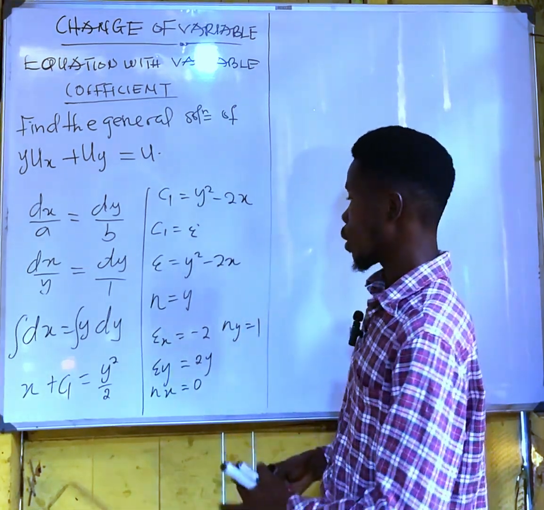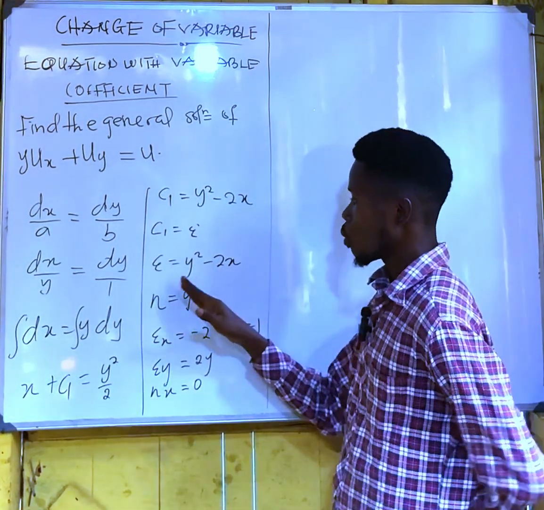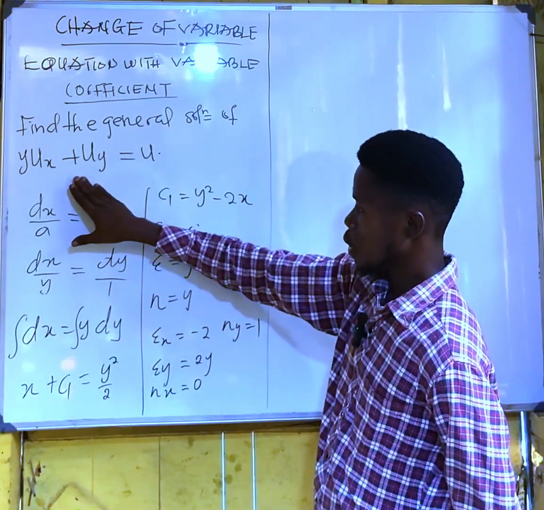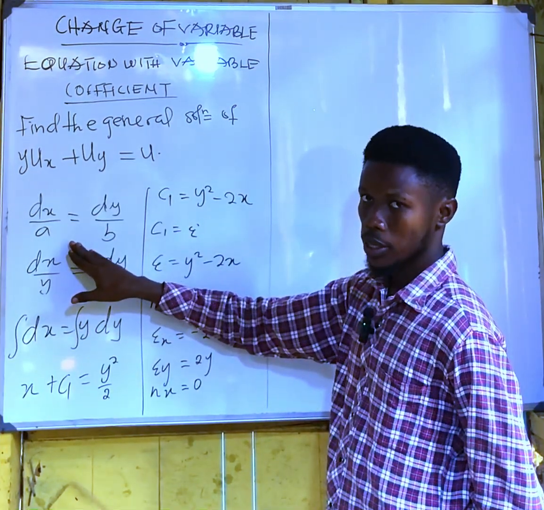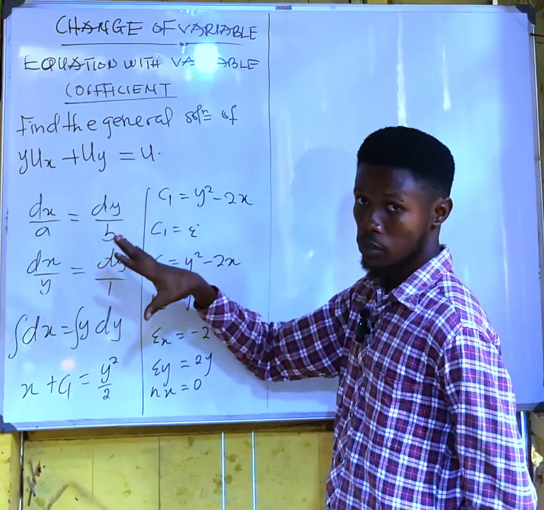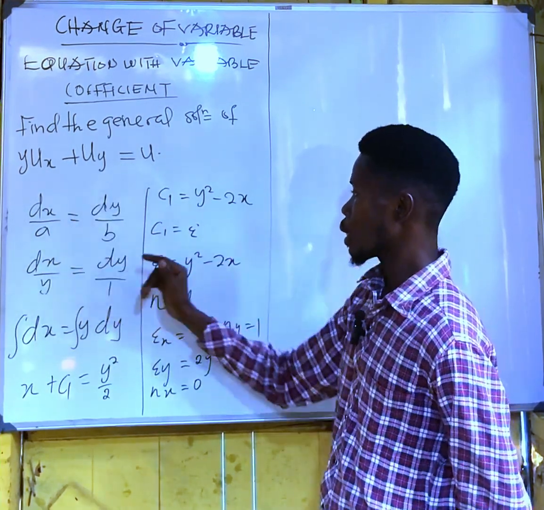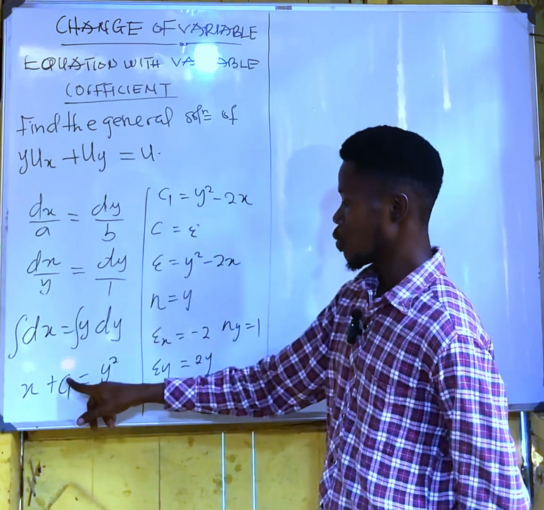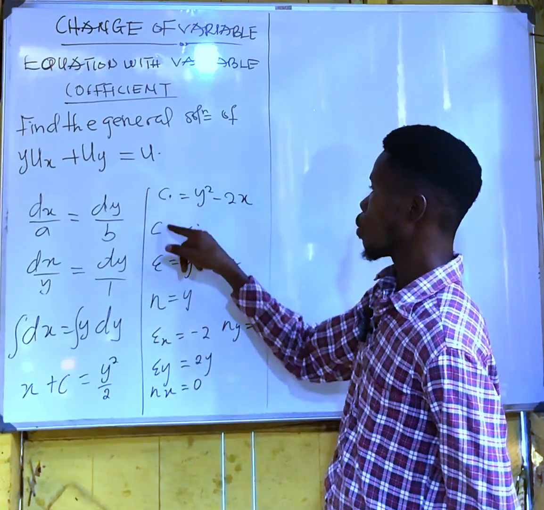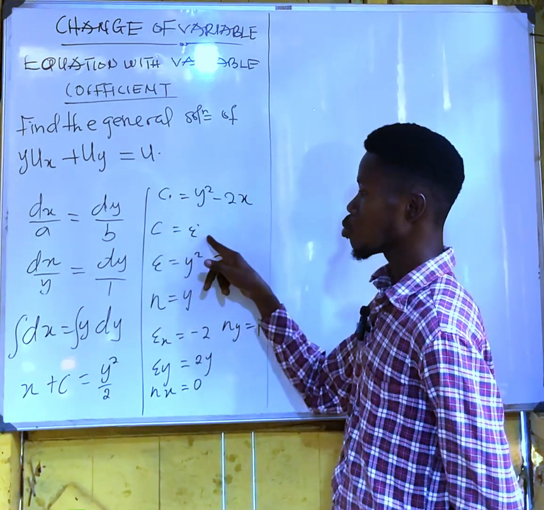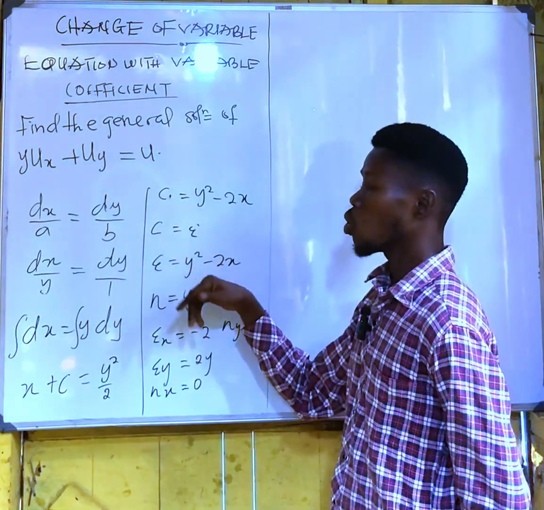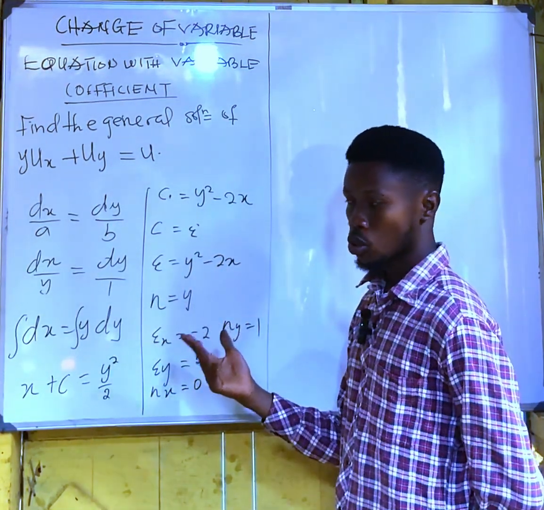Please don't be confused here. What I've done here is very simple. When it is a variable coefficient, just like I demonstrated, there's no way that you can find the angle between them. So we use the method of characteristics formula to get c. There's no need to bring in c1 and the rest. Once you get c, you equate c to xi or eta, depending on what you want.